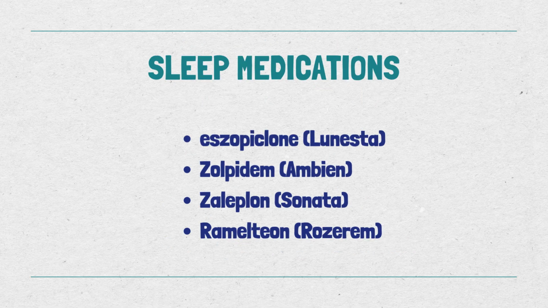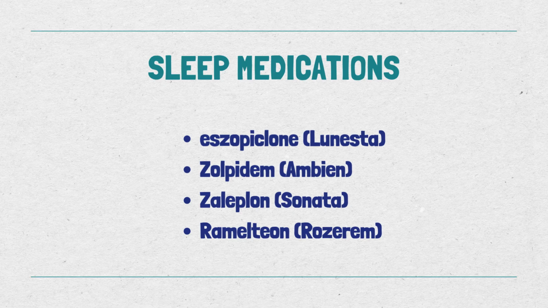Next, we have our sleep medications that we commonly prescribe for insomnia. These first three, eszopiclone or Lunesta, zolpidem or Ambien, and zaleplon or Sonata, are considered non-benzodiazepine hypnotics. We also may refer to them as Z drugs because they all have Z's in them.